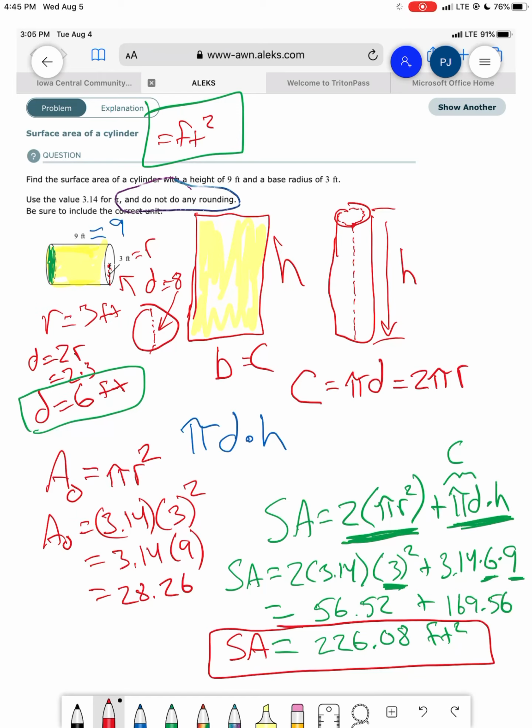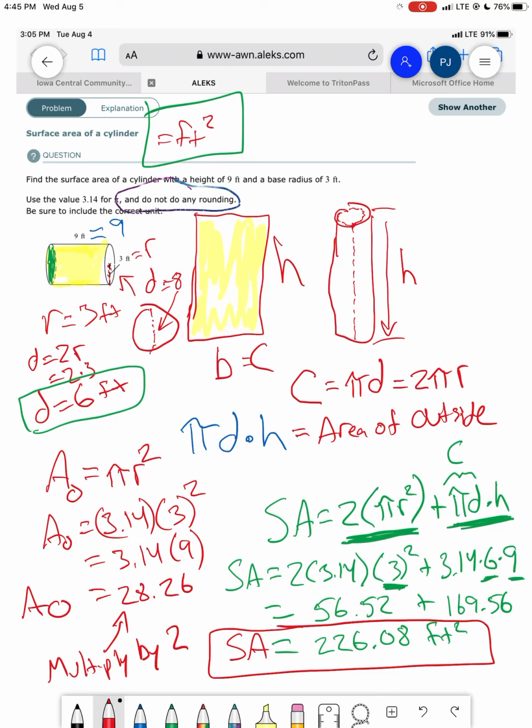226.08. We took the area of the outside, and then we took the area of the circle, and this we had to multiply by 2, because we have a left and right in this case, or if it was standing upright, we'd have a top and a bottom.